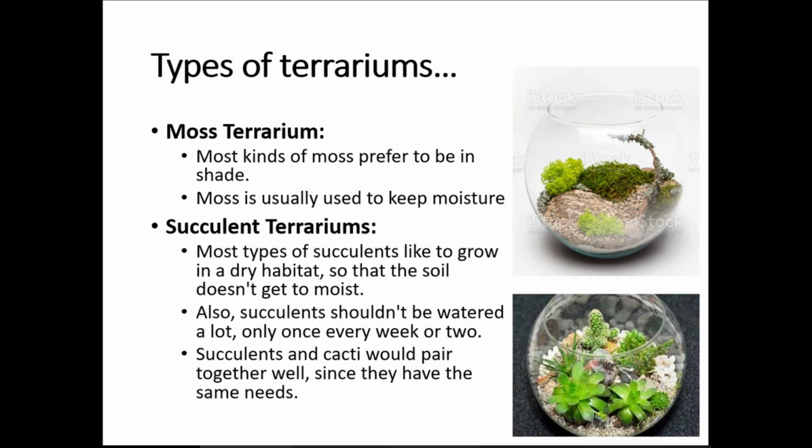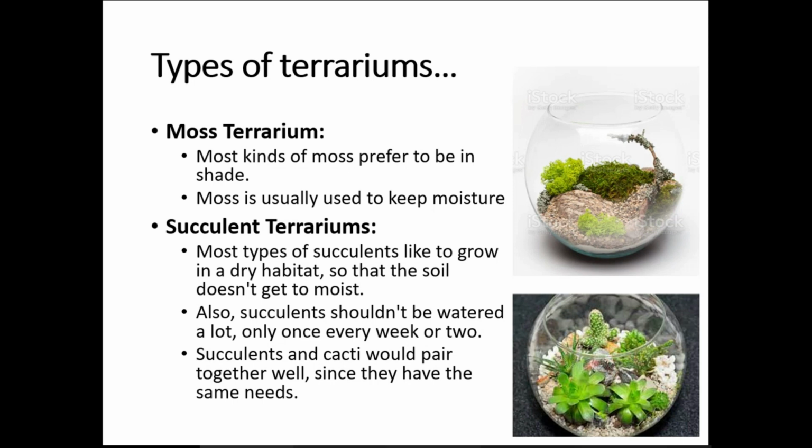Then the moss terrarium. Moss, again as I told you, is another group. It gives a very aesthetic look, with various colors, and mosses quickly acclimatize to the area. If it is a shady place at home and we are not getting proper lighting, then we can go for a moss terrarium.